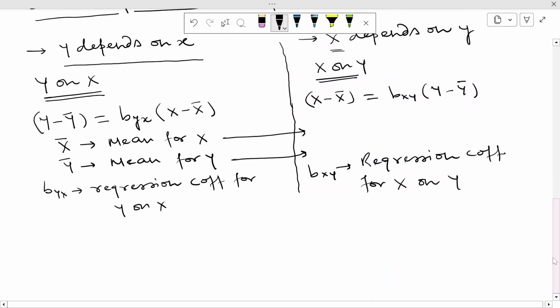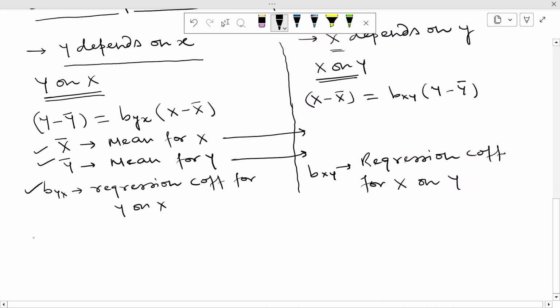So in order to determine these equations of lines of regression, we have to find out these four values, x bar, y bar, byx and bxy. Once we have these values, we simply put them here and we obtain our lines of regression.